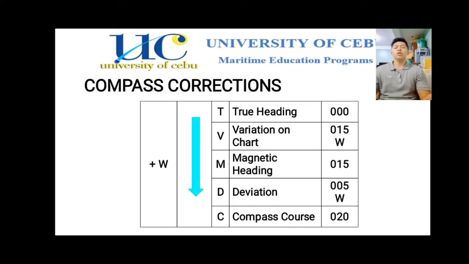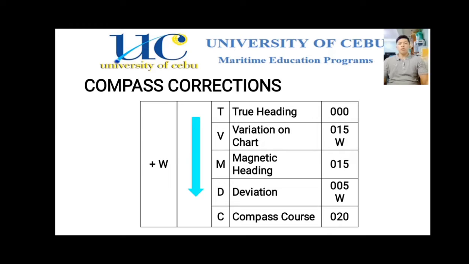The T stands for true heading, the V stands for variation on chart, the M stands for magnetic heading, the D stands for deviation, and the C stands for compass course. If we use this formula downward, west will become positive and east will become negative. But if we use it upward, east will become positive and west will become negative.